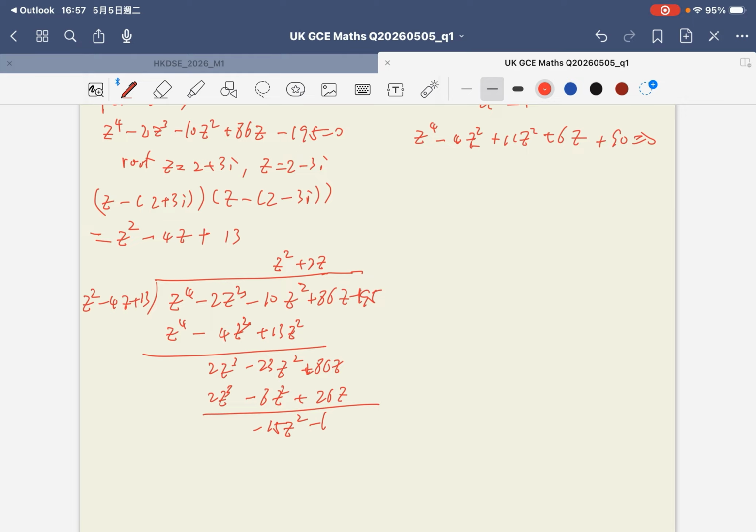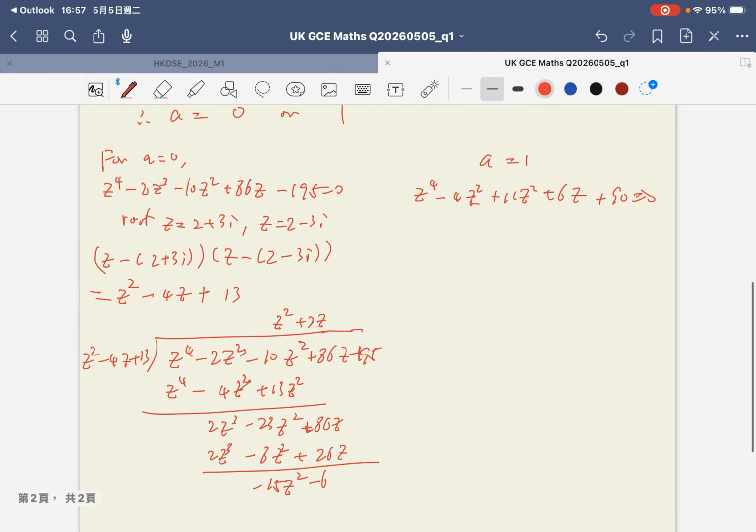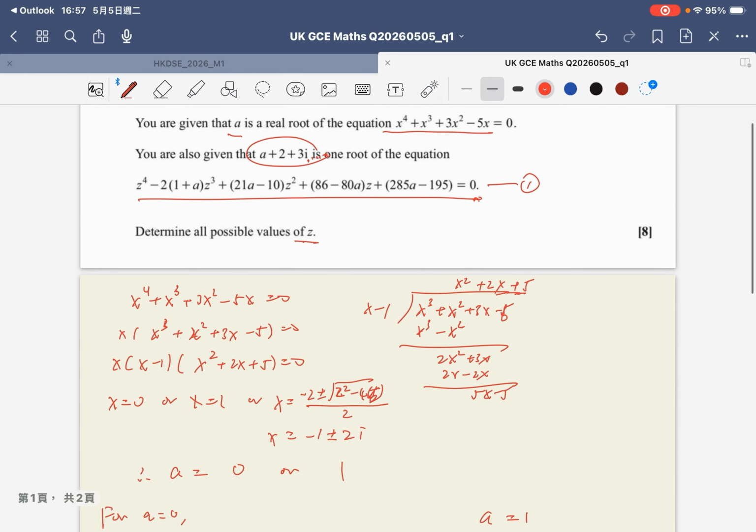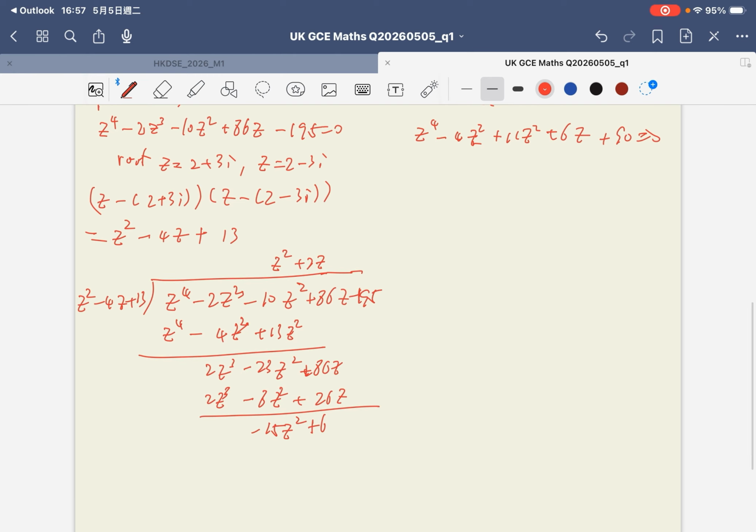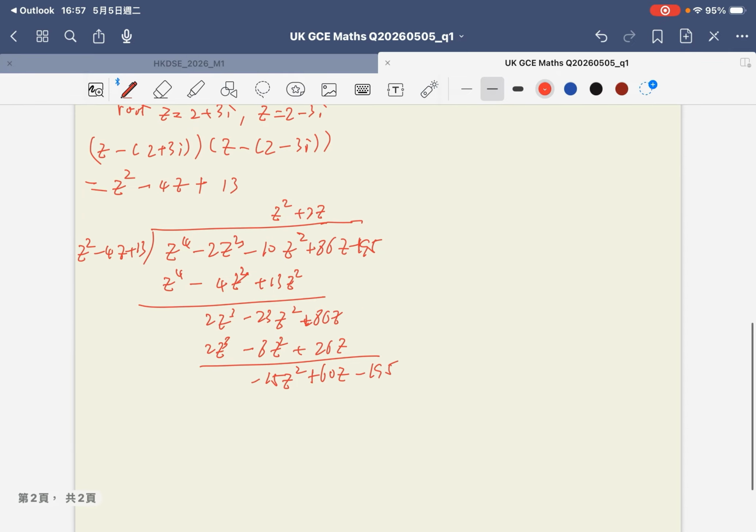This part is negative 6. Let me see. I have positive 60z, negative 125, like 195. Then finally, that is negative 15.